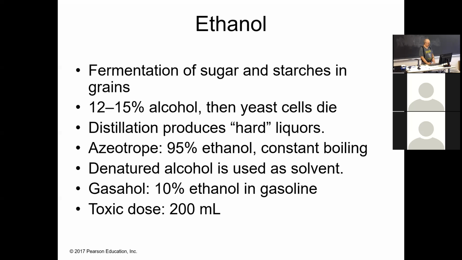Gasohol is a mixture of 10% ethanol in gasoline. The toxic dose of ethanol is about 200 milliliters. I want to mention one other term here.